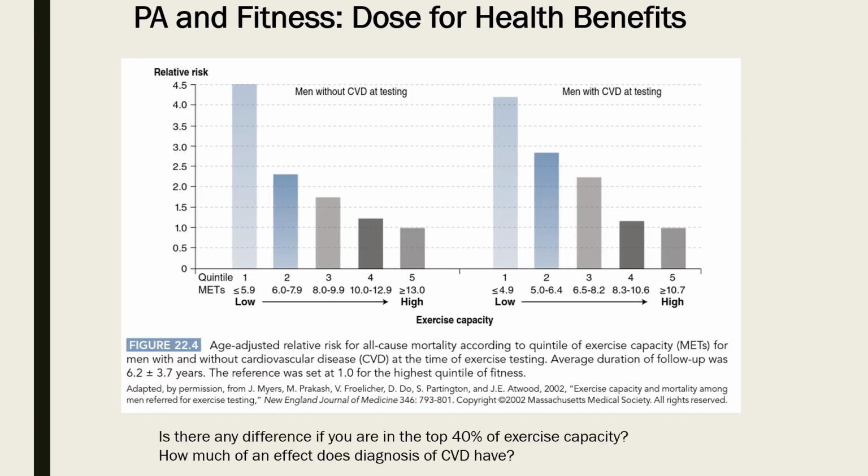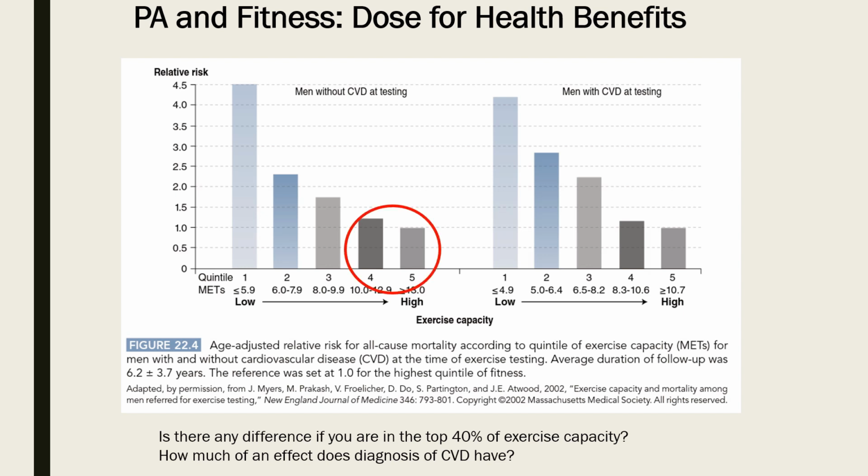This figure shows mortality by different levels of fitness for men with and without cardiovascular disease. Participants were divided into 5 groups based on their VO2 max. Is there a difference if you're in the top 40% for exercise capacity? No, the mortality risk is very similar for the 2 highest fitness groups.